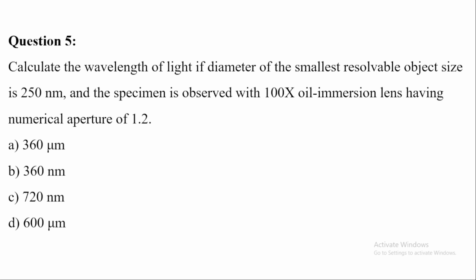So the diameter of the smallest resolvable object size is basically nothing but the resolution, and the numerical aperture is given. To solve such questions we have a formula where the distance between two resolvable objects is equal to 0.5 lambda by numerical aperture, and lambda is the wavelength of the light.